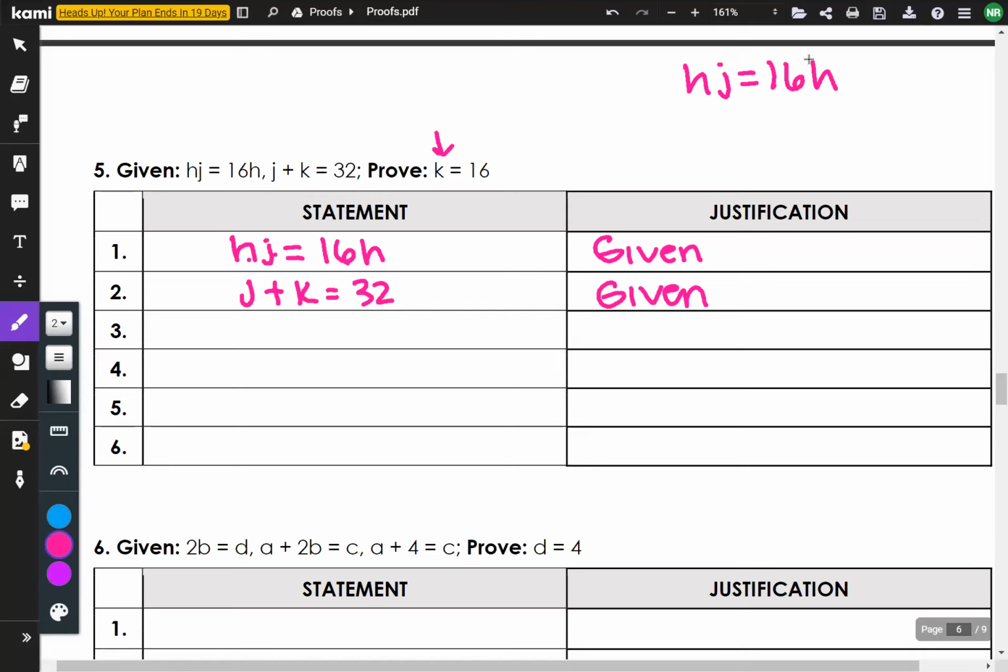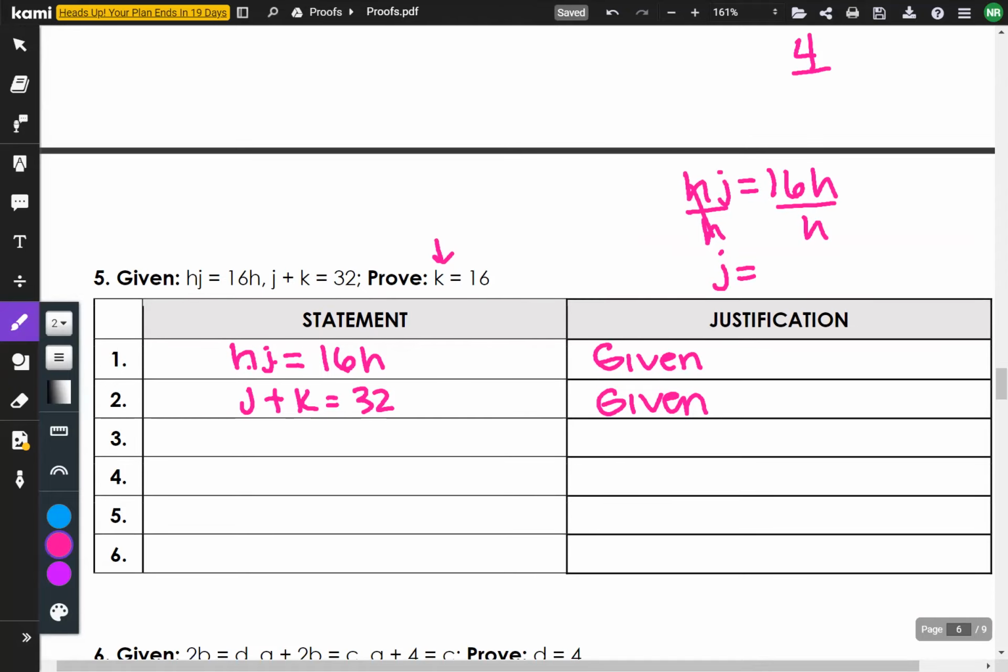We're going to get rid of h because when we divide by h, that cancels out. h divided by h, just like 4 divided by 4, equals 1.